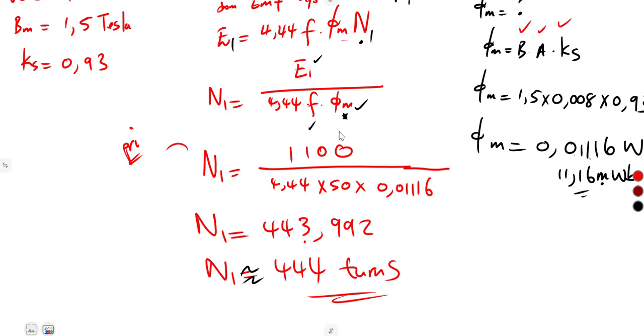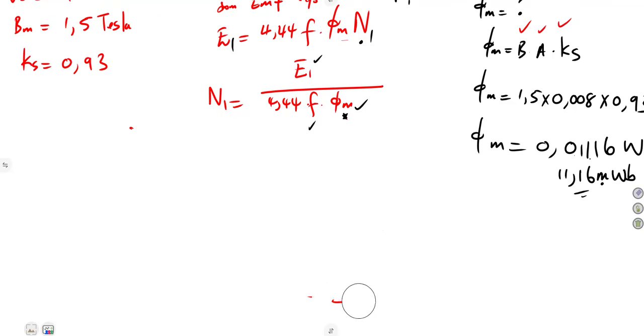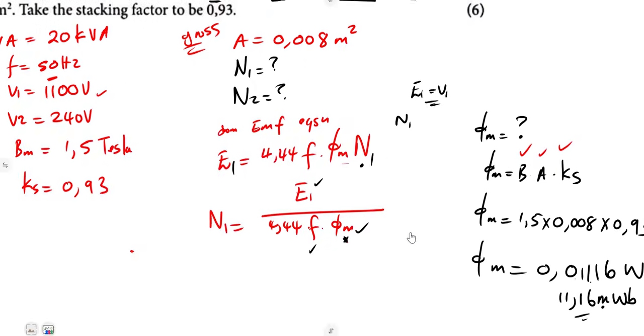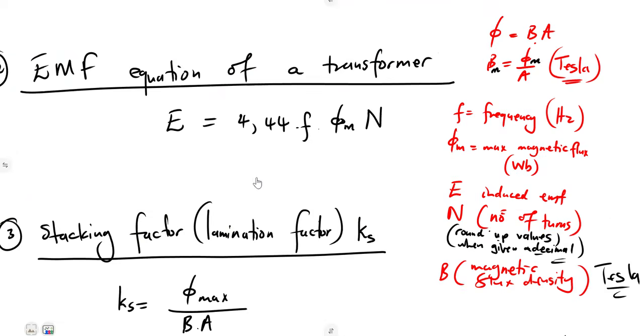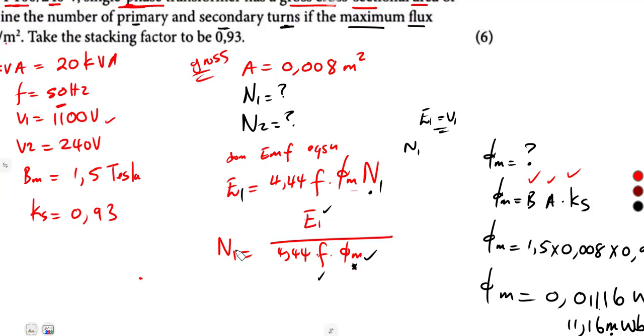Since we have our maximum flux, we can do the same to find our N2. For N2, we can even use the transformer ratio since we've got V1 and V2 and N1. Or we can just continue with the formula.